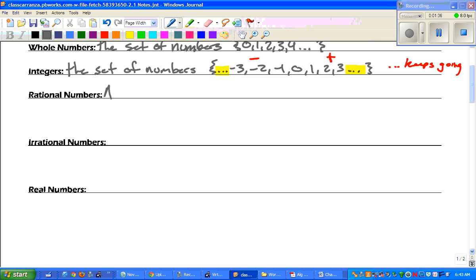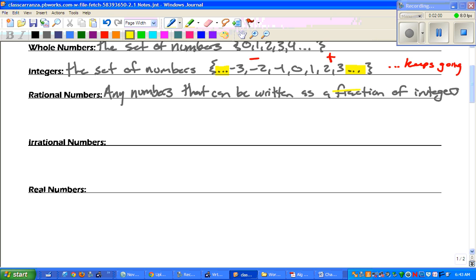Rational numbers. A rational number is any number or any numbers that can be written as a fraction of integers. Okay? Now the key thing here, whoa, let's get that back.